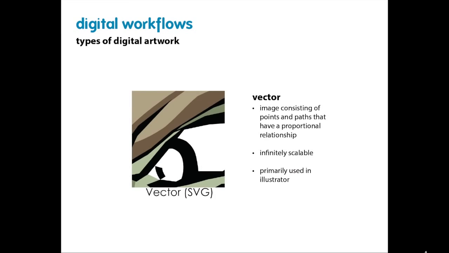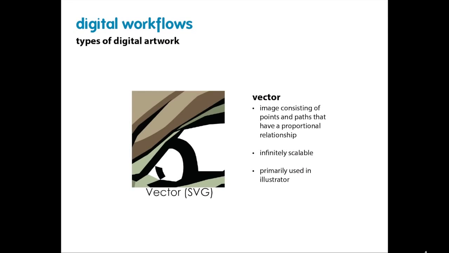So here we have an example of a vector, and so you can see it's all smooth edges with fills. There's no jagged edges or a sawtooth look at any of the divisions between colors. And that's because vectors consist of points and paths that have a proportional relationship.